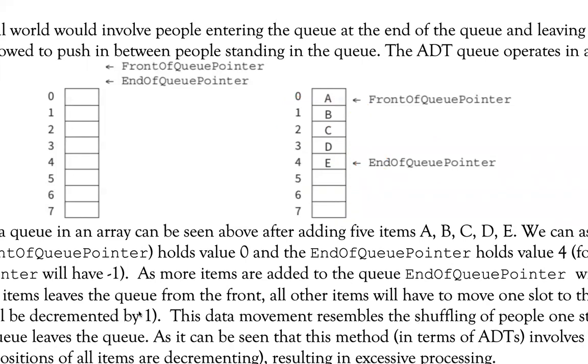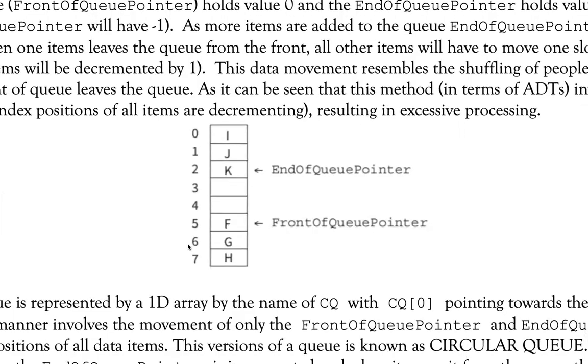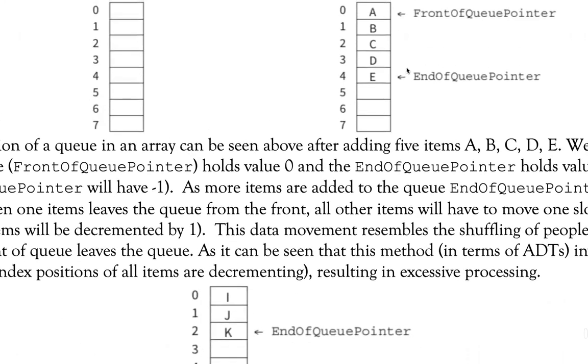So let's just say that after A, B, C, D, E elements left, F, G, H, I, J, K were added. And this is what happened. My front of queue pointer: A left, B left, C left, D left, E left. This is my front of queue pointer right here right now.